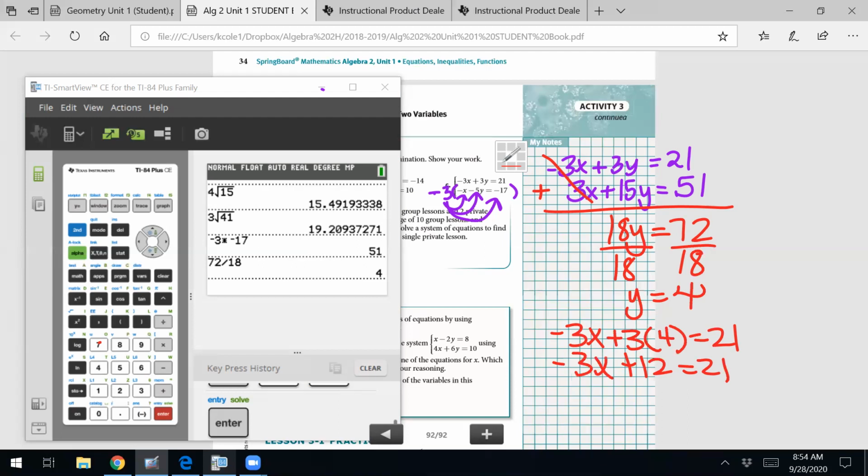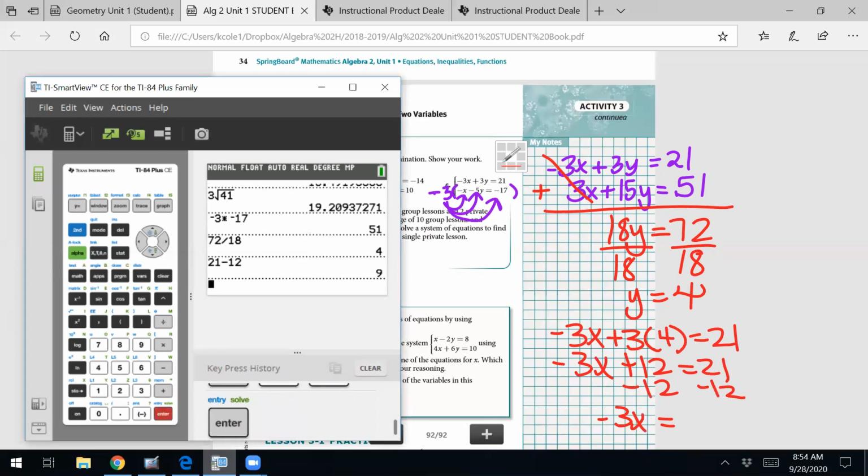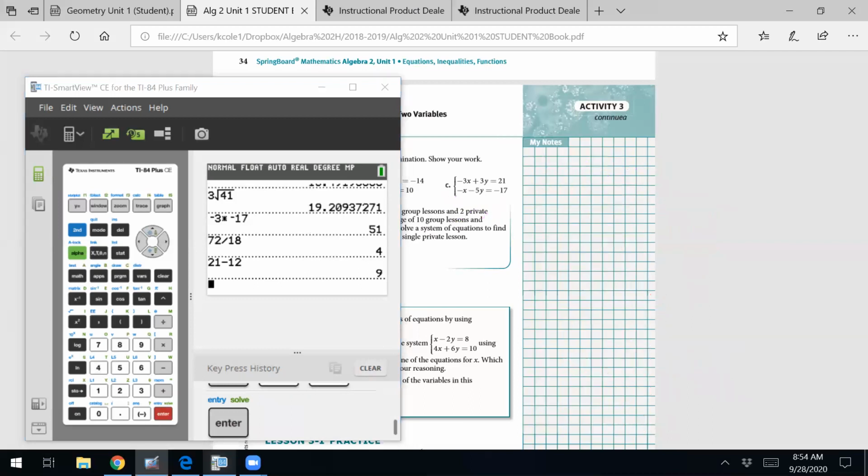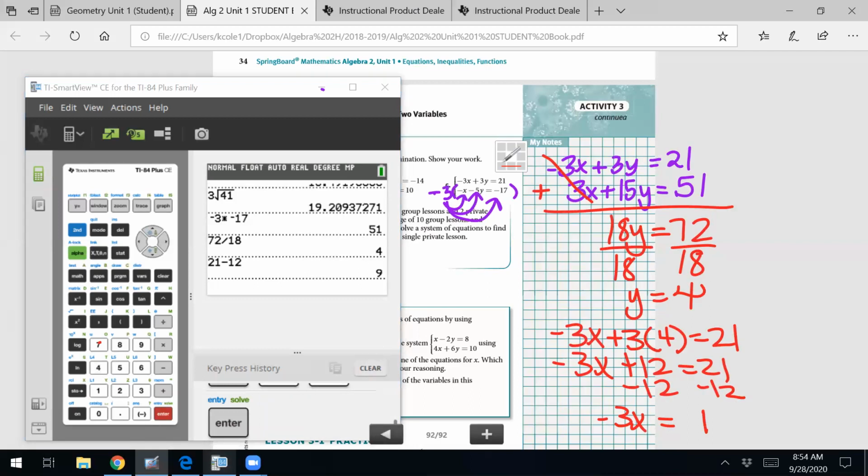So I'm going to subtract 12 from 21. What's that? 21 minus 12. 9. I thought it was 9, but I just wasn't sure, so I didn't want to be wrong. Okay, then we divide by negative 3. So x equals negative 3.